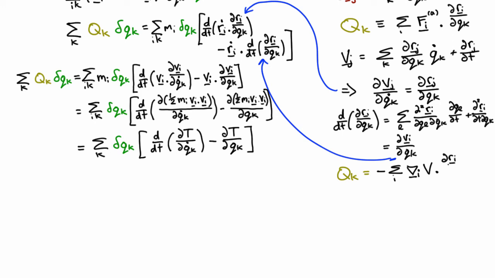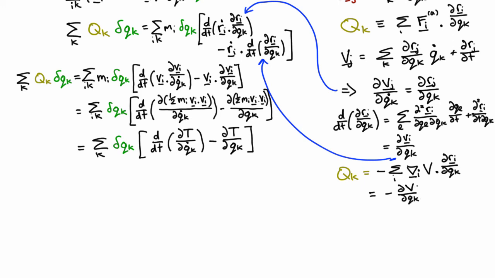And it might take a moment to spot, but if you stare at that for a little bit, or possibly if you work backwards, it's easy to convince yourself that this is exactly what you get if you take the derivative of the potential with respect to qk.